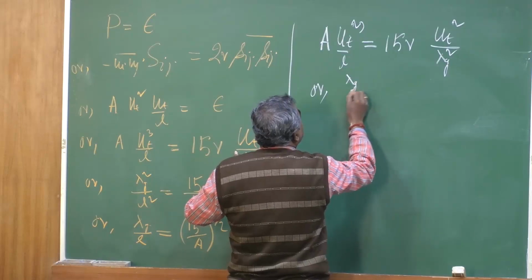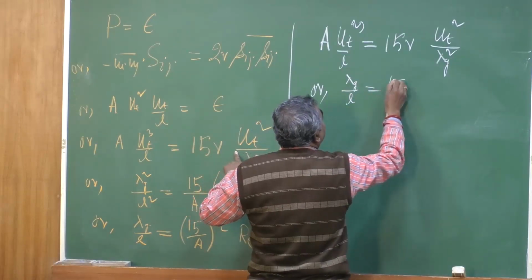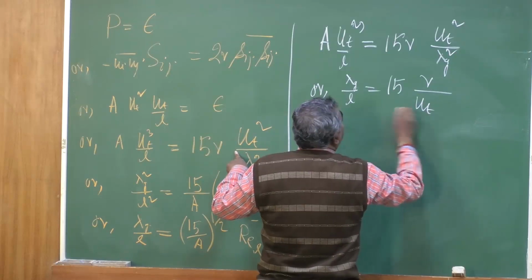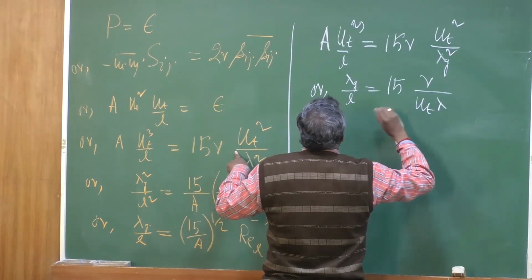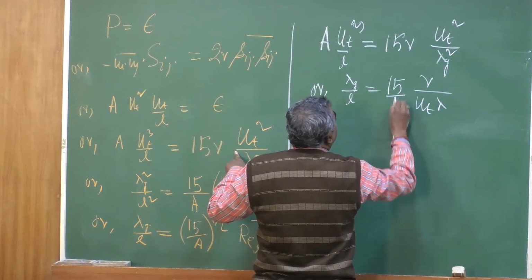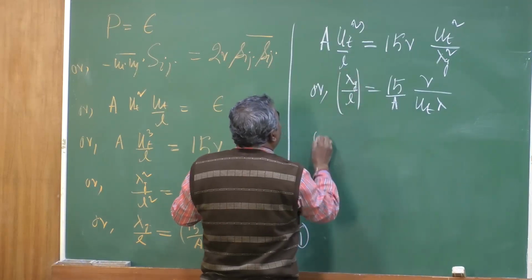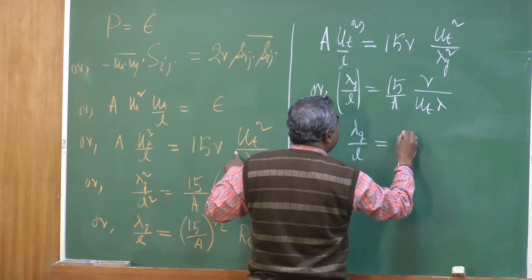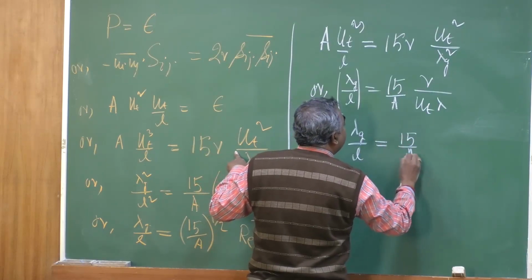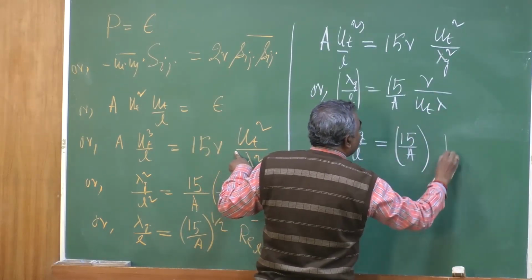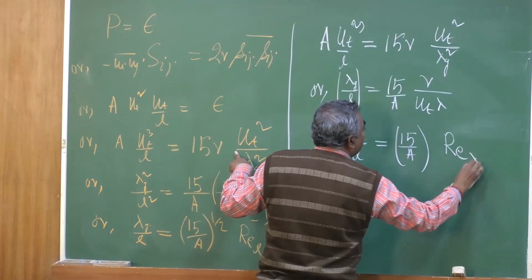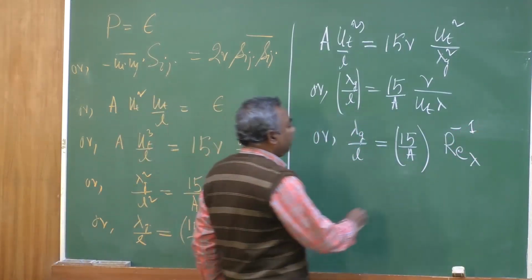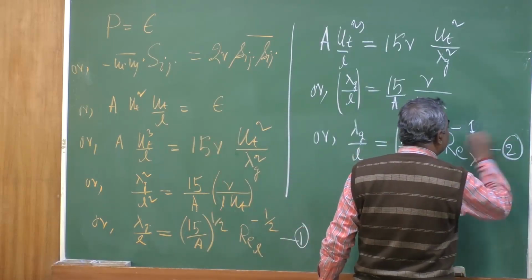So, lambda z by L I keep, and here 15 nu is there, ut is down and one lambda is here. Okay, and A. Or lambda z by L, another relation I get, which is 15 by A, and this is Re lambda to the power minus 1. So, there are two relations. This is my relation number 2.